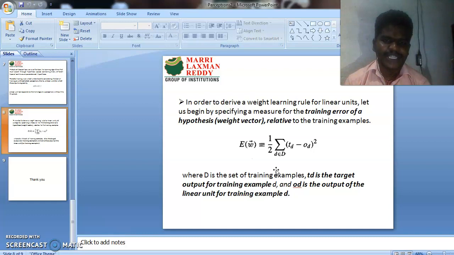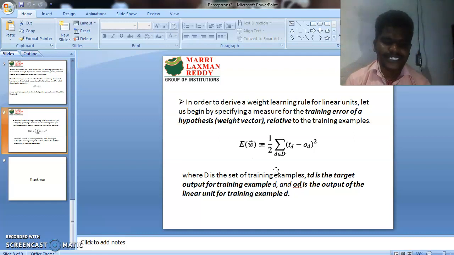We update the weight values when we get misclassification data. Till we get the best classification data, we apply the perceptron training rule. And with the gradient descent delta rule, we find the error in the network.